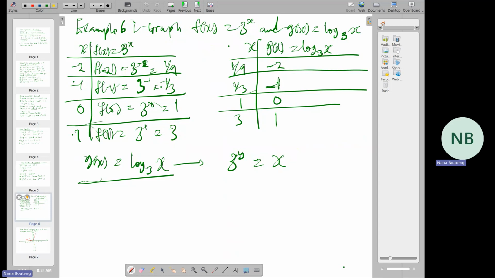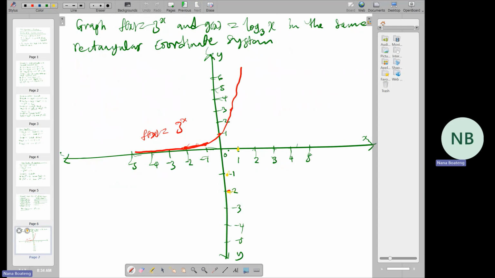And then also when x is 3, y is 1. It's about this point. So we can join the points like this. So this is our g of x, which is equal to log to the base 3 of x. All right, so this is how we graph both the logarithmic function and the exponential function on one graph.